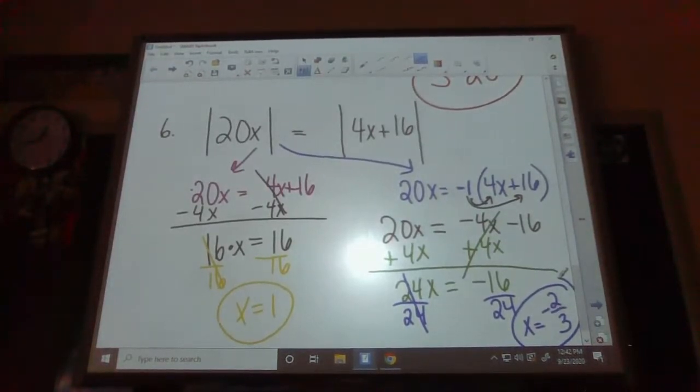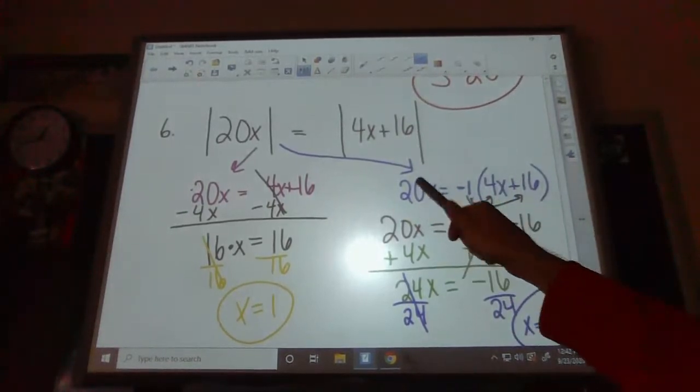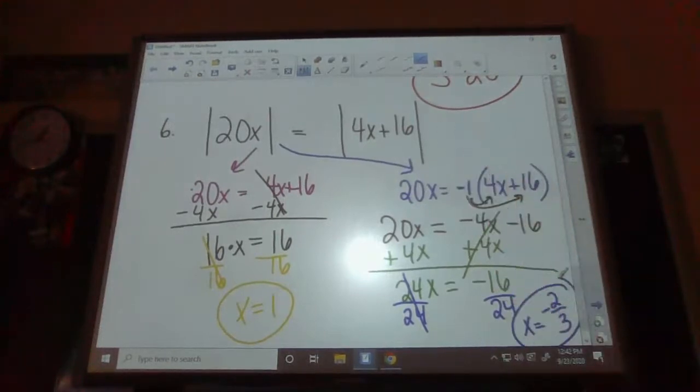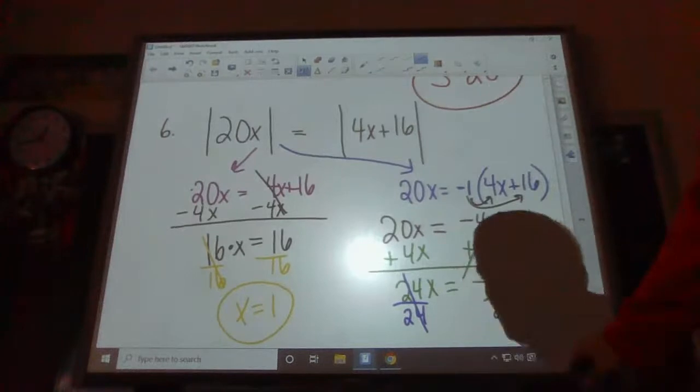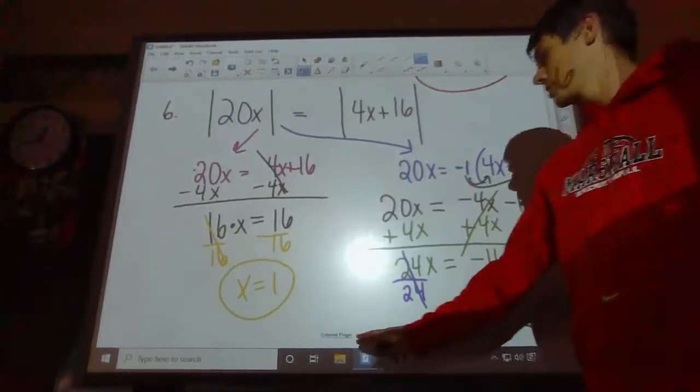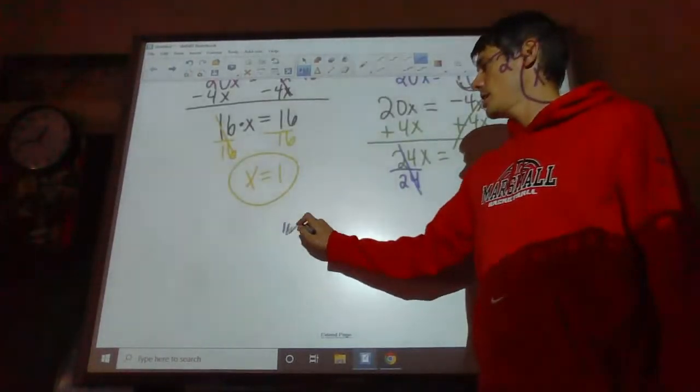What you want to do today and all of the times is when they put a variable on both sides of the equal sign, like we see how we have x's on both sides of the problem, you want to double check and make sure you don't have something you've never heard before. It's called an extraneous solution.